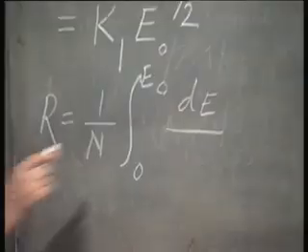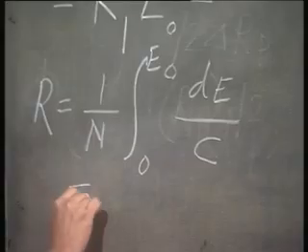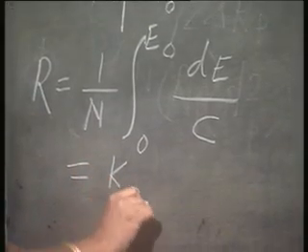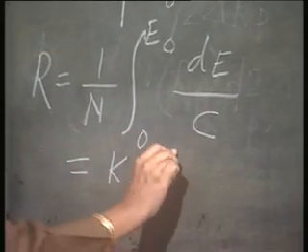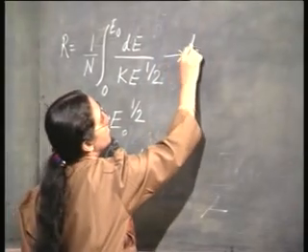So, this is simply a constant C, and therefore, it is going to be some other constant K2 times E. This is where electronic stopping dominates.